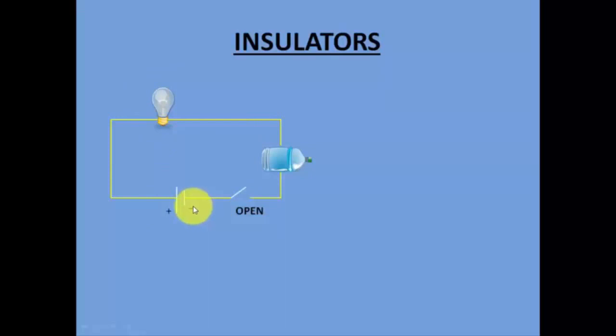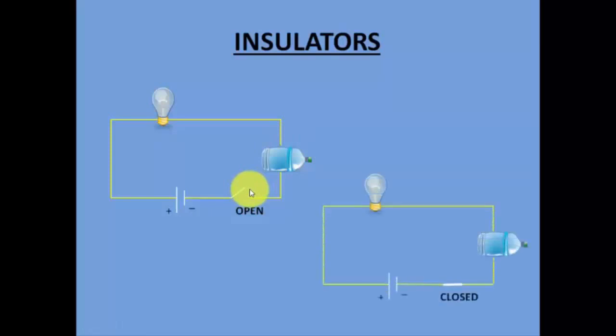If the circuit is not complete, the bulb will not glow. If the circuit is complete, the bulb will glow. When this key is open, again the negatively charged electrons will not flow.